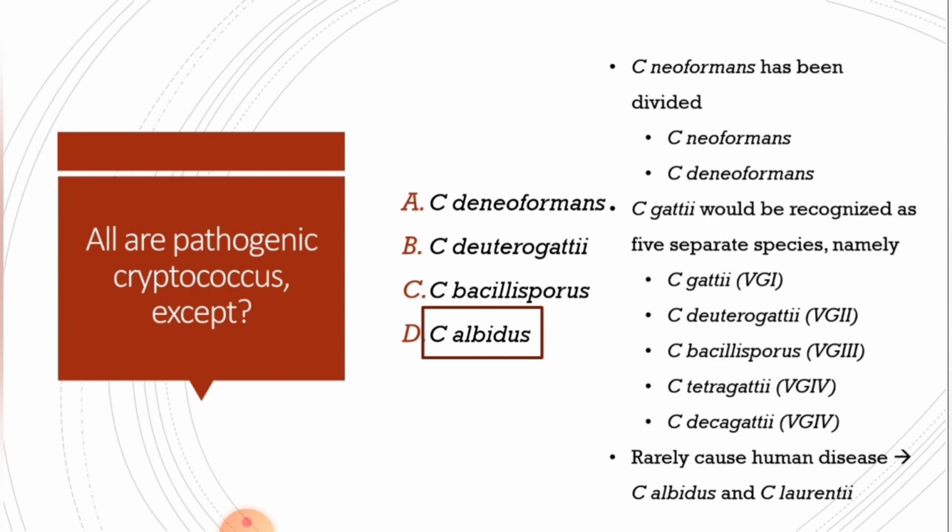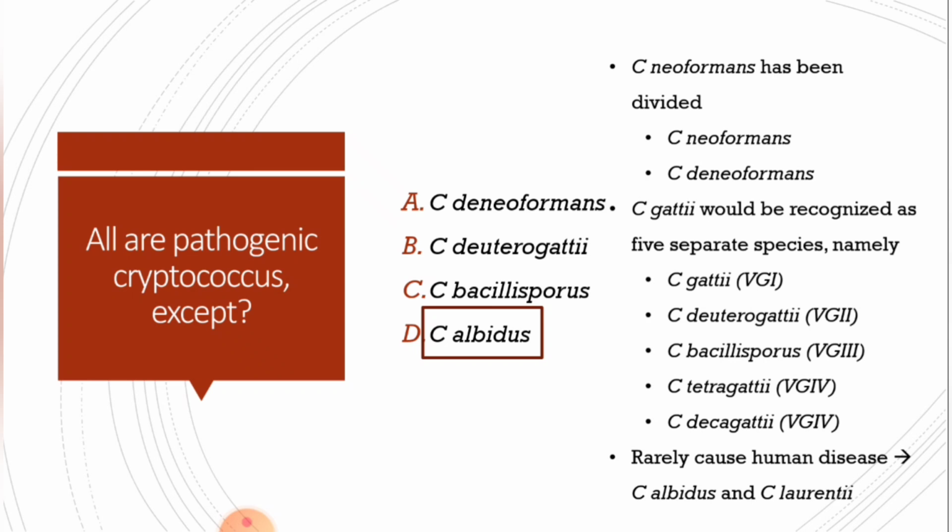Before we had the various serotypes A, B, C, D, and we had Cryptococcus neoformans, Cryptococcus grubbi, etc. Now Cryptococcus neoformans has Cryptococcus neoformans and D neoformans, which is the newer name of your grubbi. And Cryptococcus gatti again has 5 separate species. They are Cryptococcus gatti, deuterogatti, bacillisporus, tetragatti, and Cryptococcus decagatti.